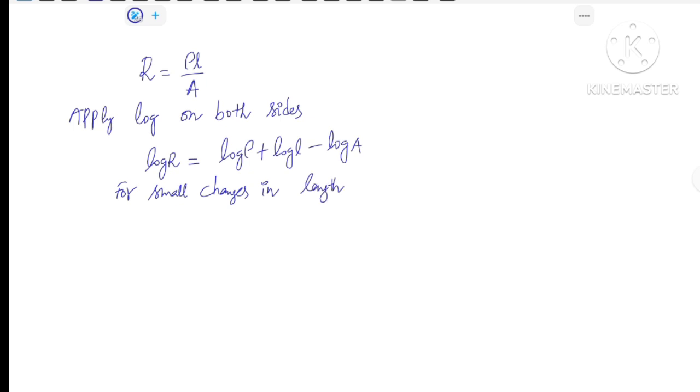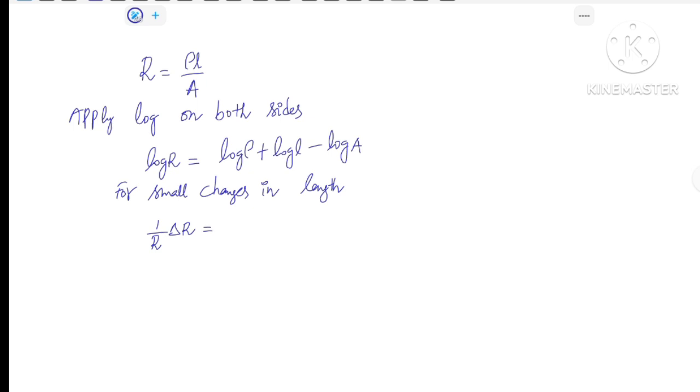Differentiating on both sides, for log R, the differentiation is 1 by R into delta R. I am differentiating on both sides.